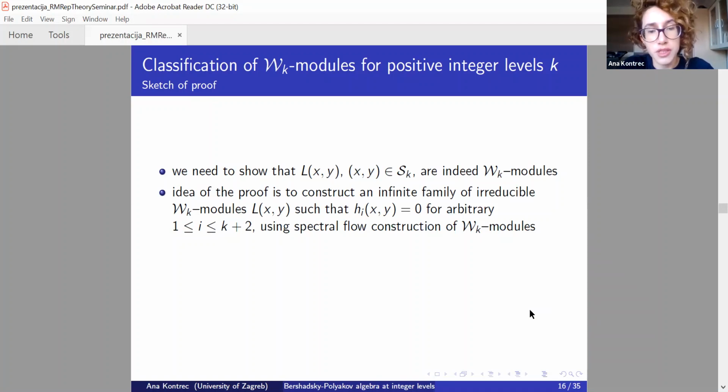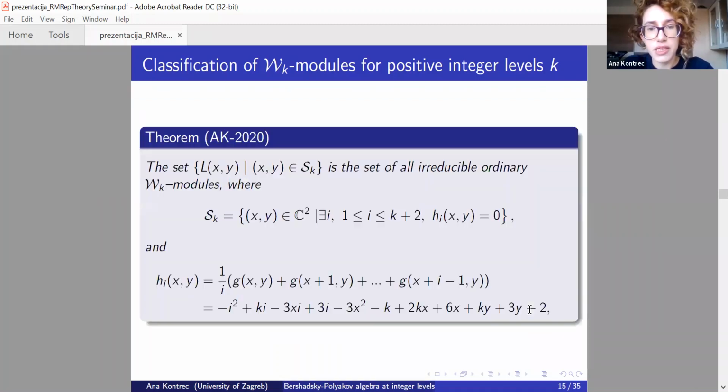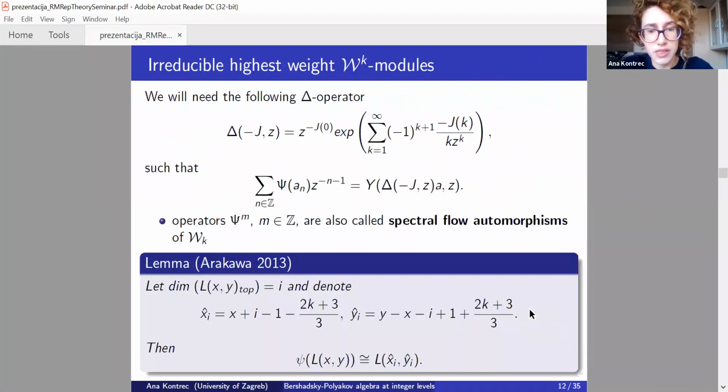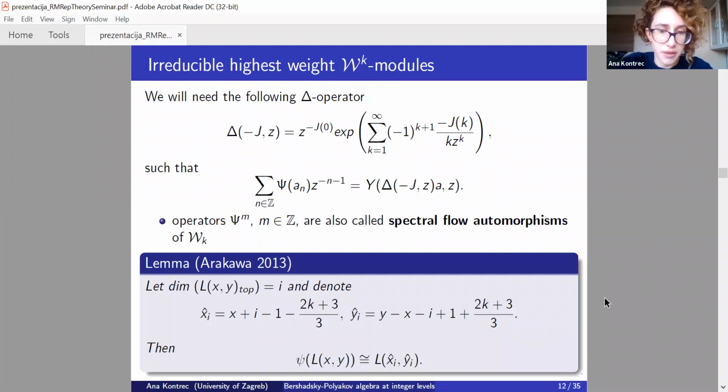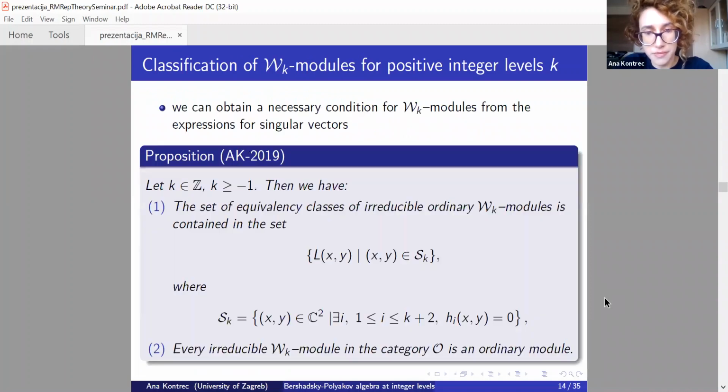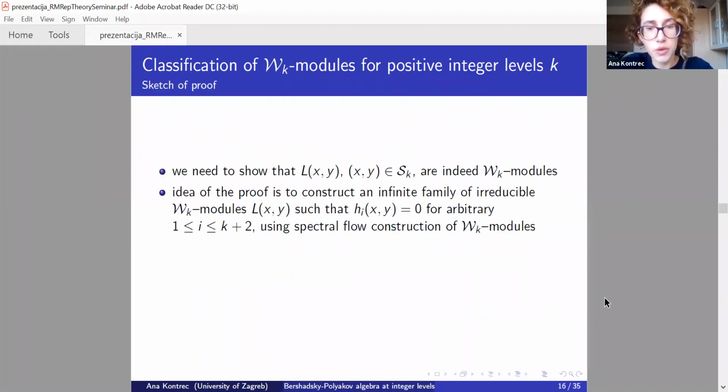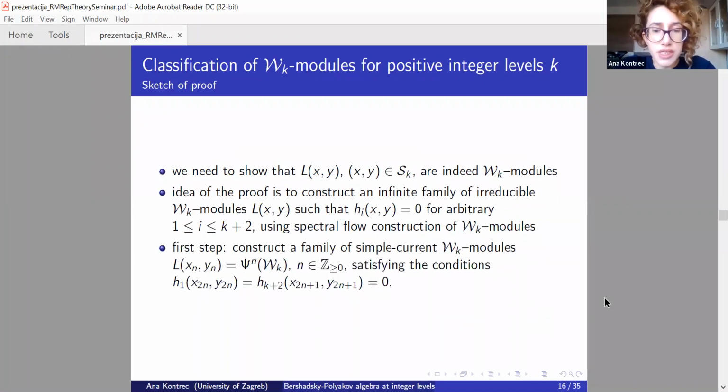We rely on the spectral flow construction of W_k modules, which is just to say that we exploit this symmetry, which says that if we have an irreducible module for the Bershadsky-Polyakov algebra, and we act with the spectral flow automorphism, we get another module. So we do this in a couple of steps.